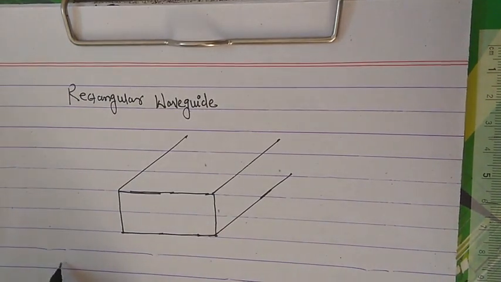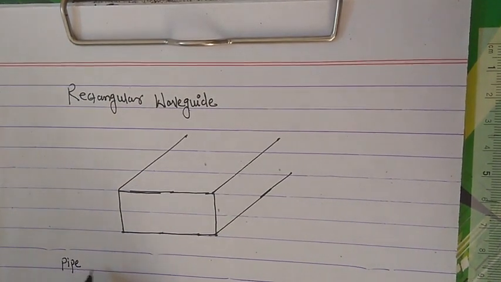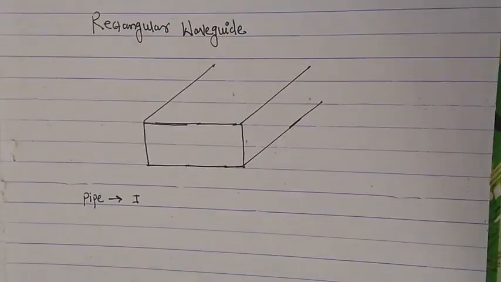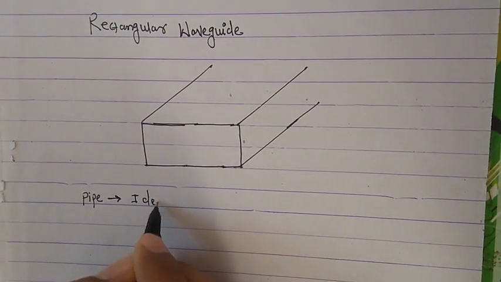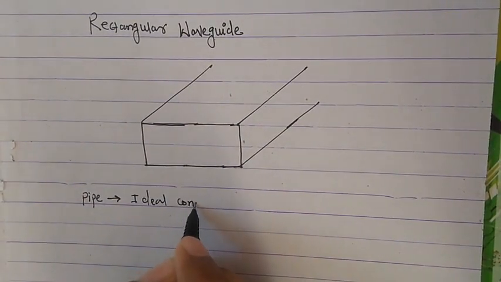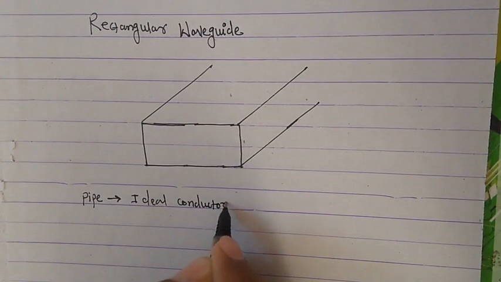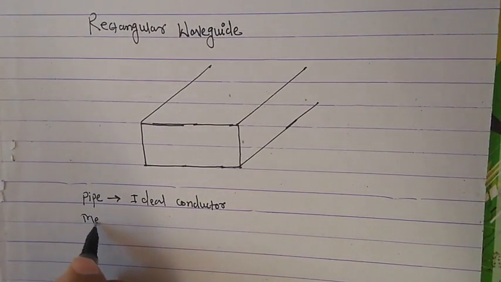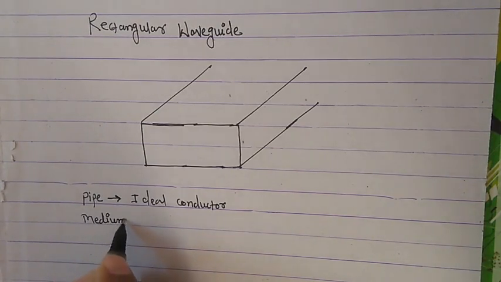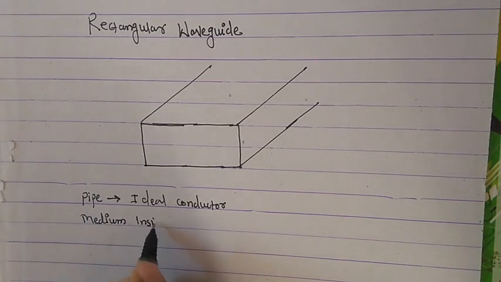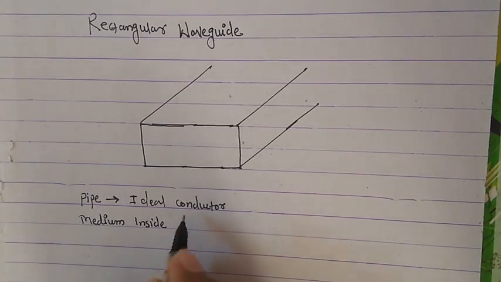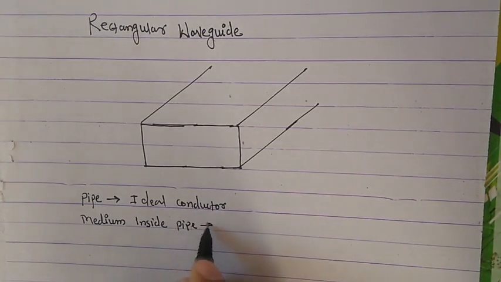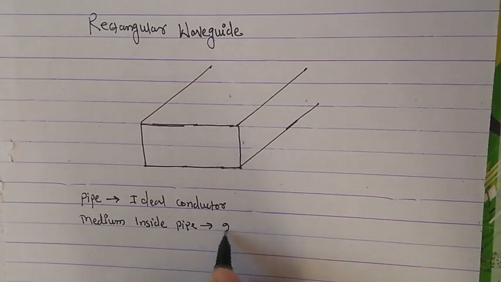So the waveguide walls, or the pipe, is an ideal conductor, and the medium inside the pipe is an ideal dielectric.